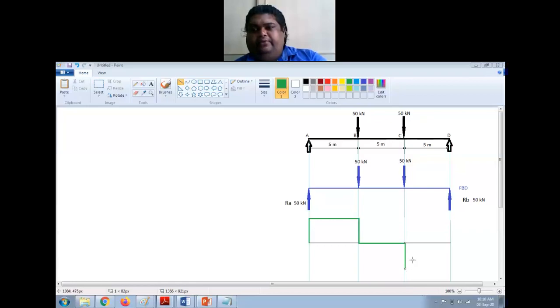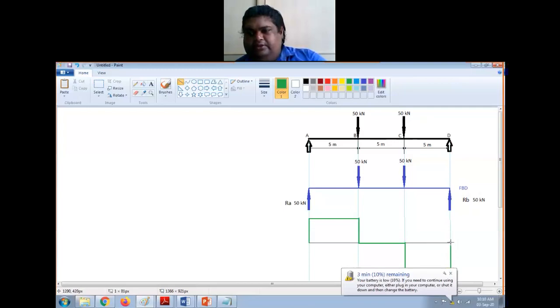Then I have no load between C and D again. So I will draw another horizontal line like this. And I have reached D, where I have a reaction equal to 50 kilonewton. So I will draw another line like this.